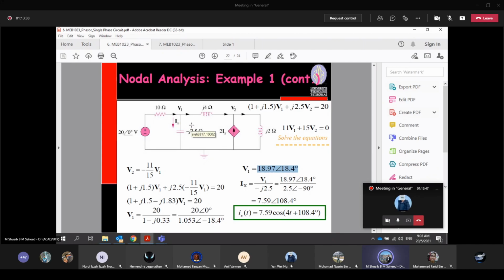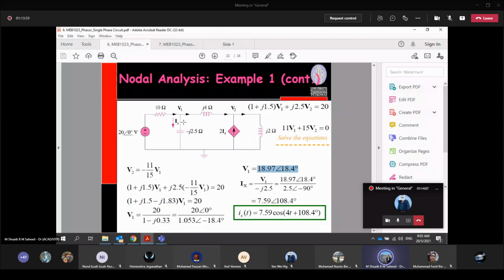So what will be the current going across your capacitor, negative j2.5 ohm? It should be the Ix current. Yes, it should be the Ix current.